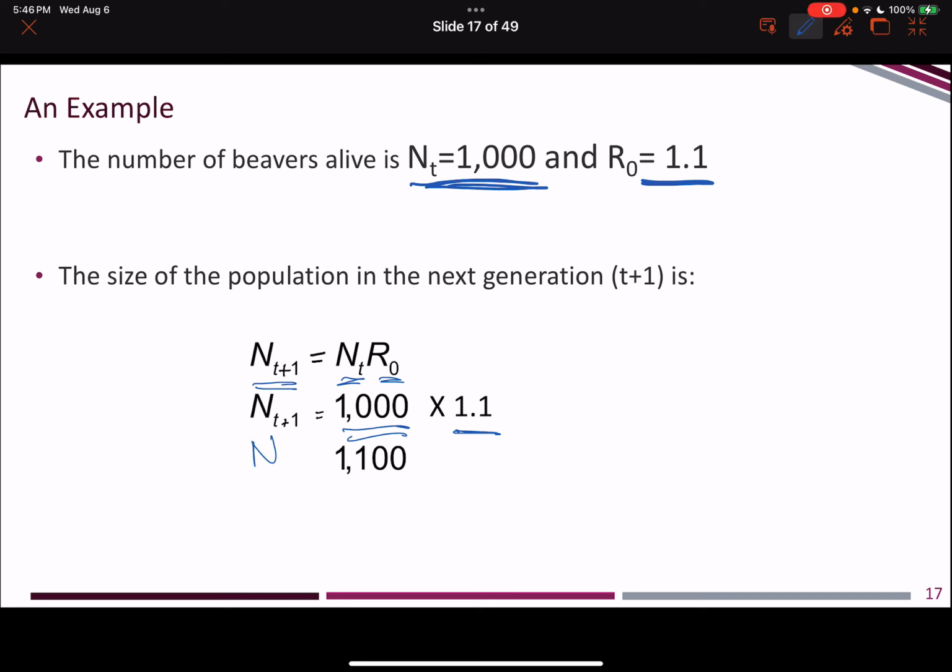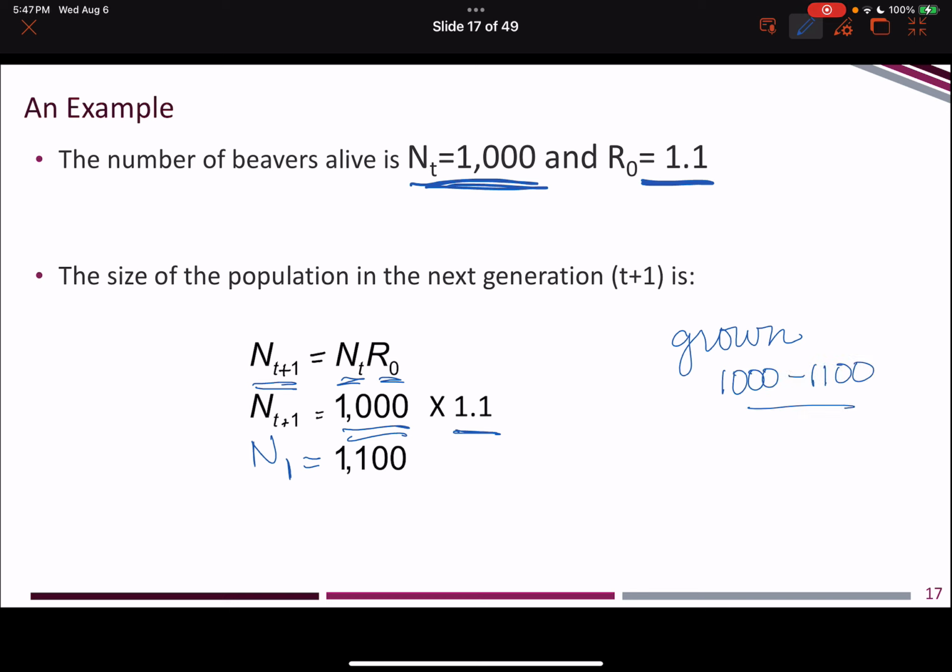So N at generation 1, or time 1, is going to equal 1,100. So we can see here that the population has grown because we have increased from 1,000 to 1,100.